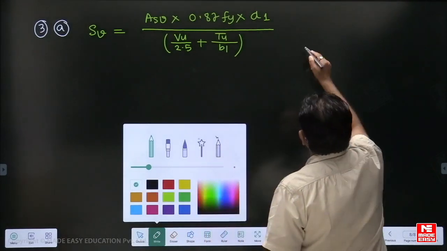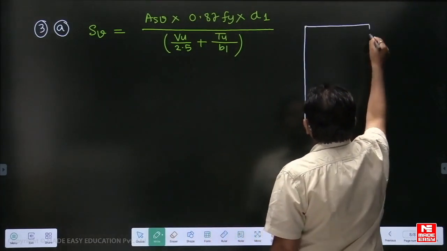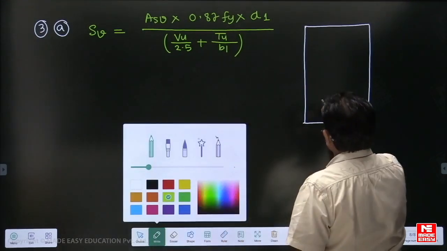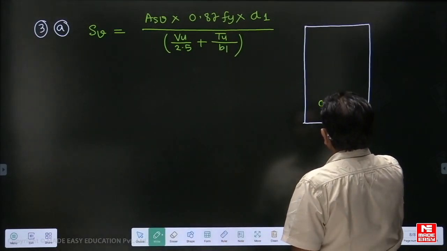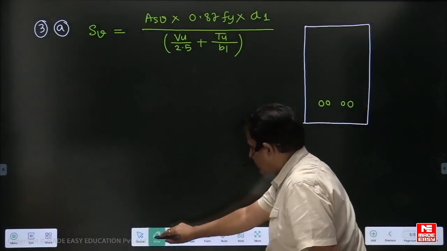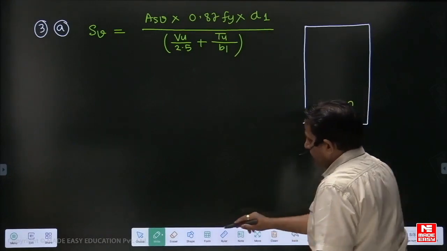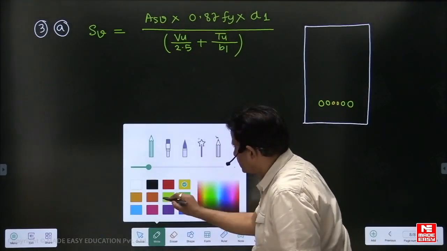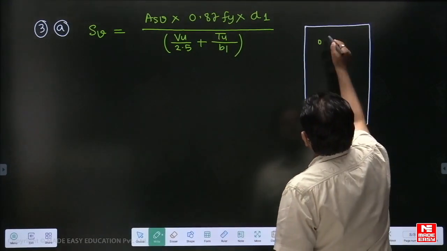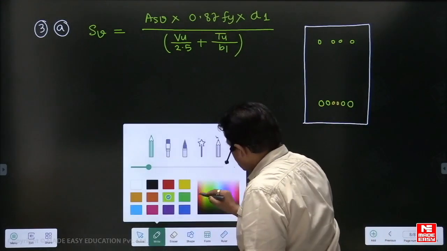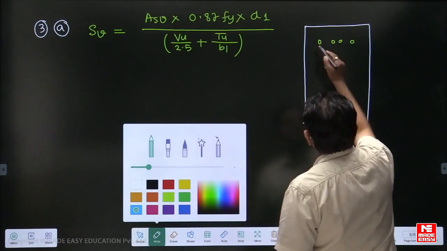So B1 and D1 are for the beam, whatever reinforcement you have provided. For example, the end reinforcement are here, and some more reinforcement you have provided like this, and at top also you have provided some reinforcement like this, and this is a stirrup.